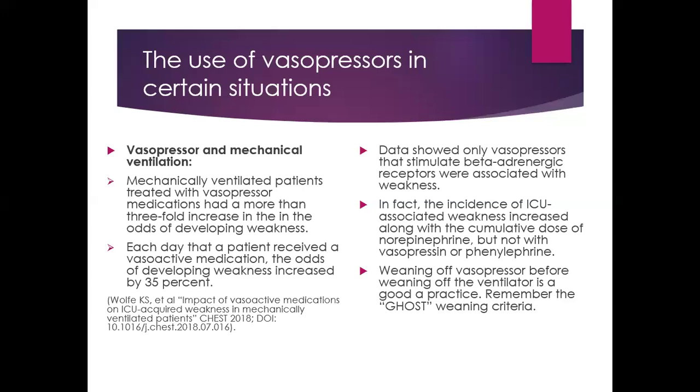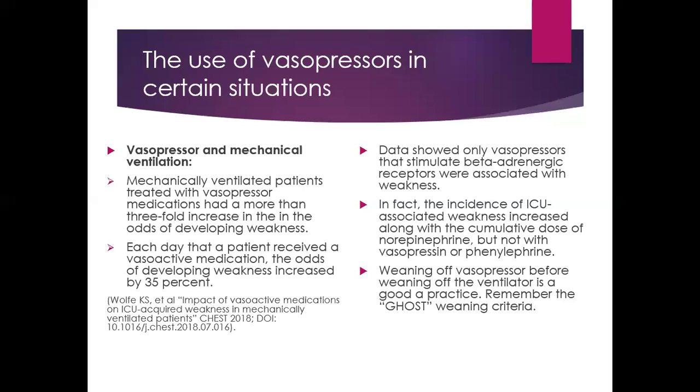The question is, what is the best practice? We have a GHOSTWIN criteria that we use in all the ICUs that has worked, and it's good practice to wean your patient off the vasopressor before you start weaning them off the ventilator. The GHOSTWIN criteria is something I developed, and it has helped in assessing readiness to wean from the ventilator.